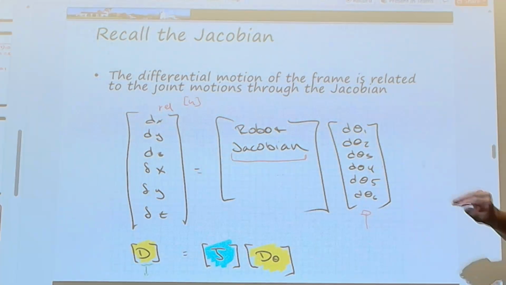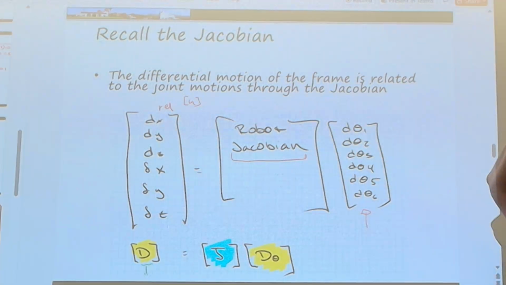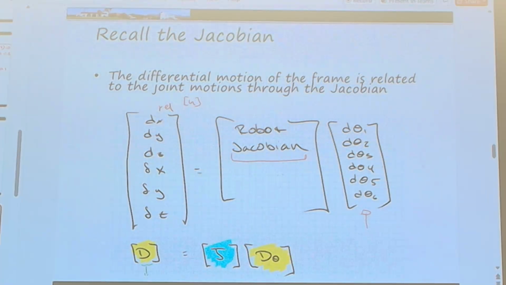Well, let's suppose I want to have a controller that says I want to make sure I go exactly to that theta, because that's where we did our forward kinematics. We did it to a theta, didn't we? So why do I want to control to theta? Why would I rather control theta dot?